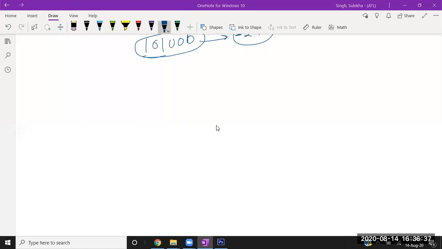I have only 4 bits, and with these 4 bits, I will write all the possible combinations: 0 0 0 0, 0 0 0 1, 0 0 1 0, 0 0 1 1, and so on.